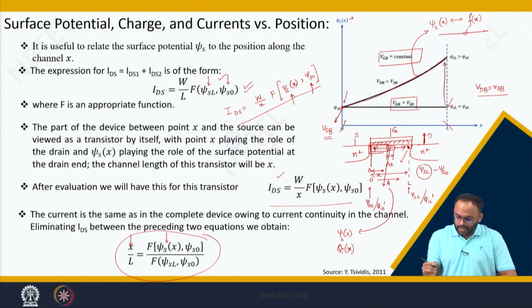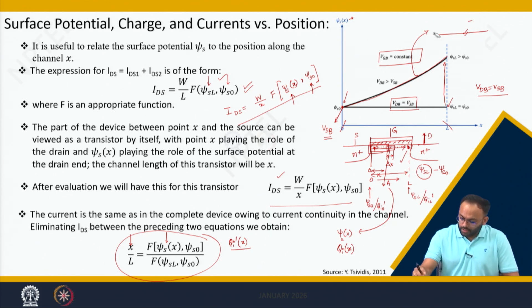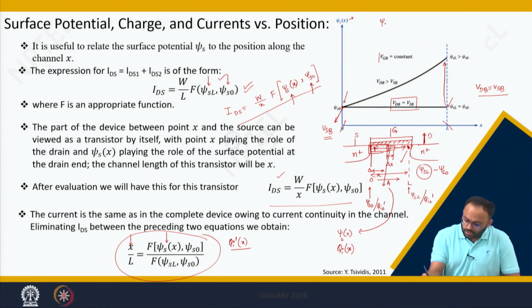Similarly, we can relate the inversion charge as a function of x. How can we do that? We will find the surface potential as a function of x, and then we will use the inversion charge equation, which is a function of surface potential.